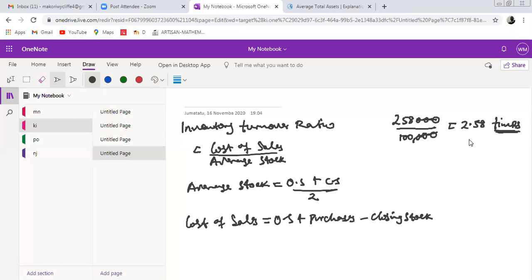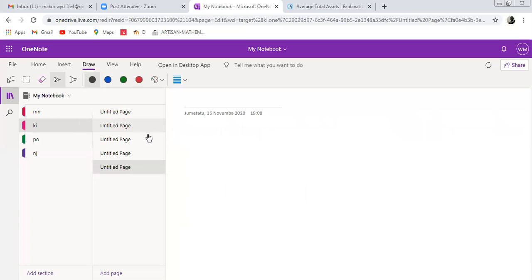Then we have another one known as the asset turnover. The asset turnover is given by the net sales over average total assets.